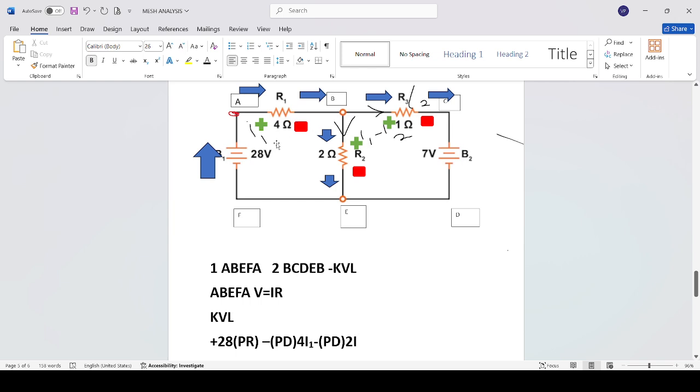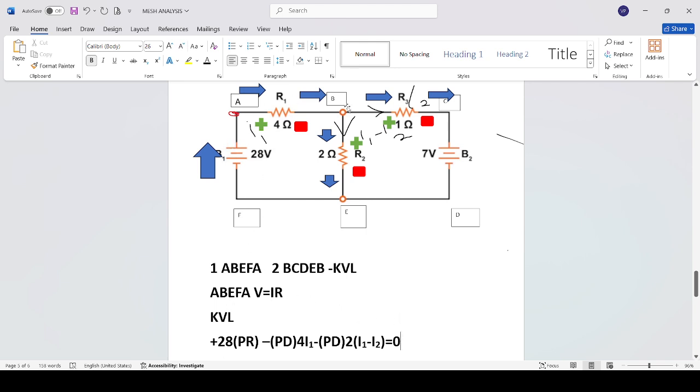In this branch the current is I1 minus I2, equal to 0. So this is the Kirchhoff voltage law.